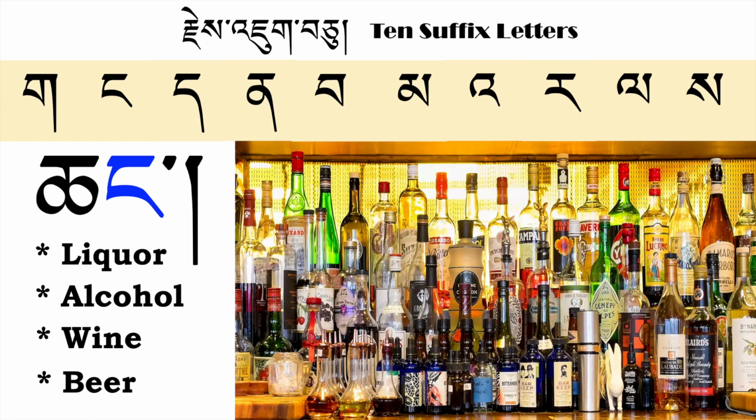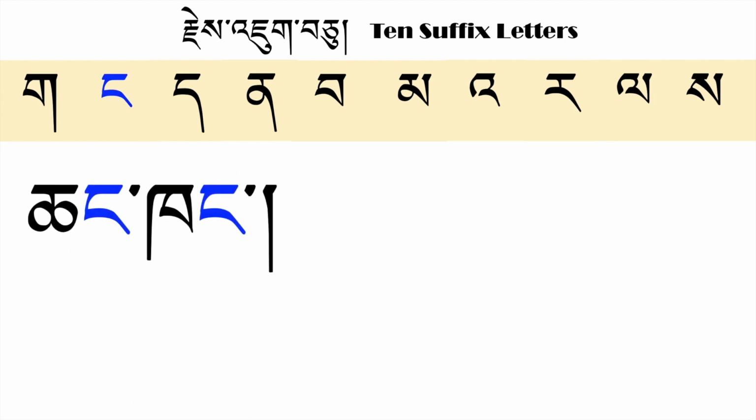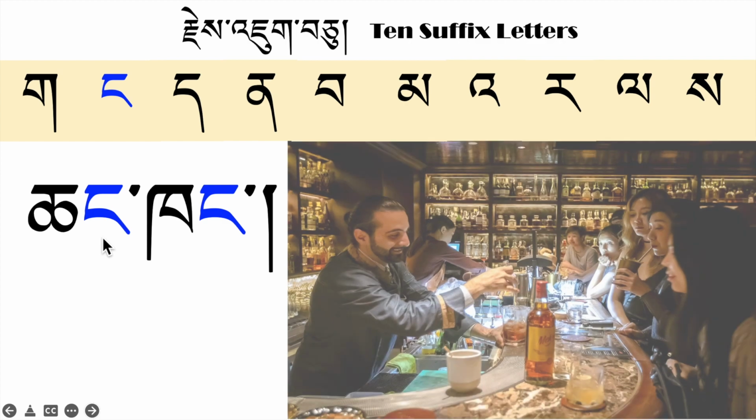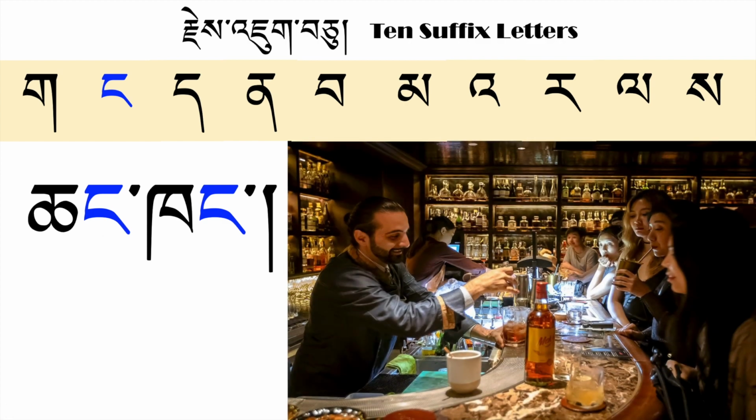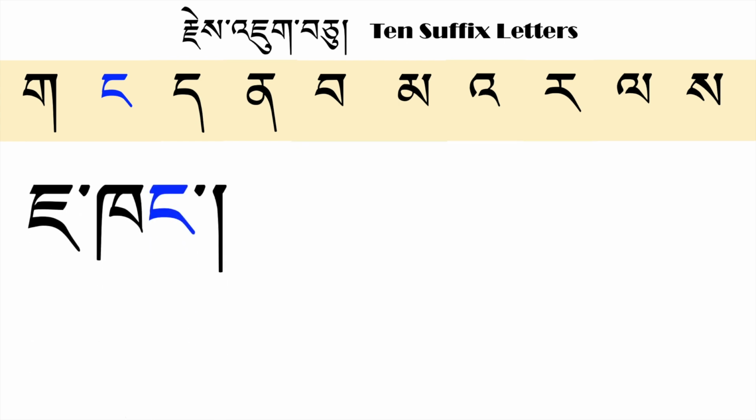Next one is cha, nga, chang, ka, nga, kang: changkang. Changkang means bar.